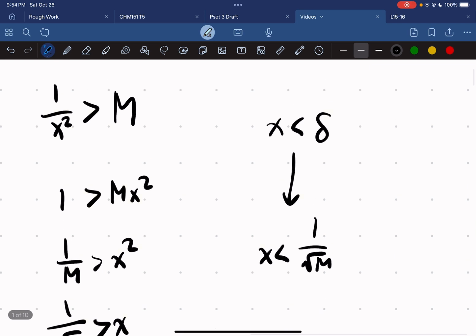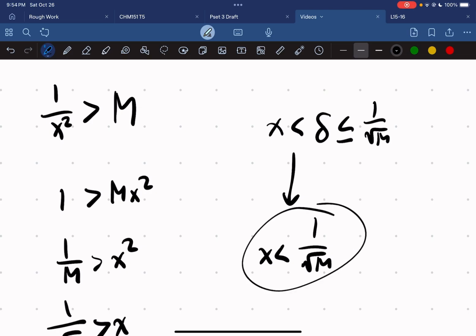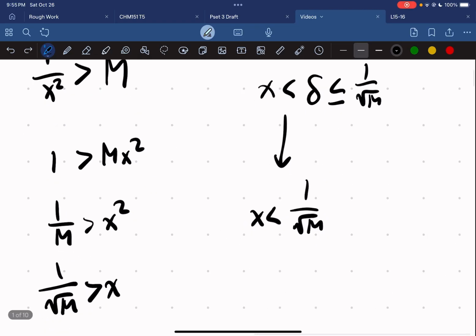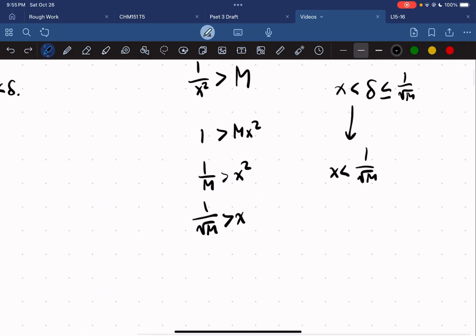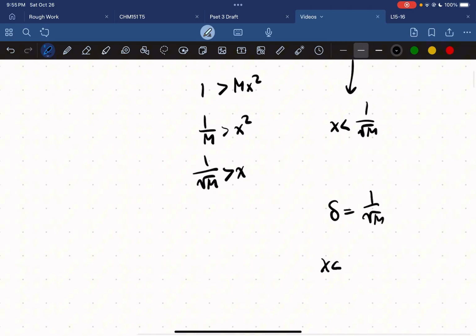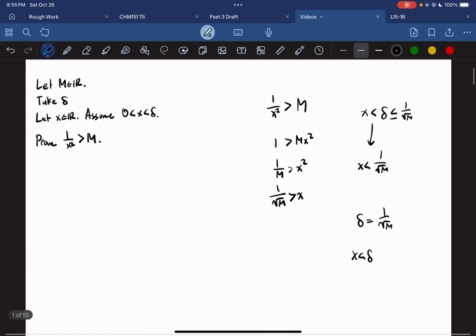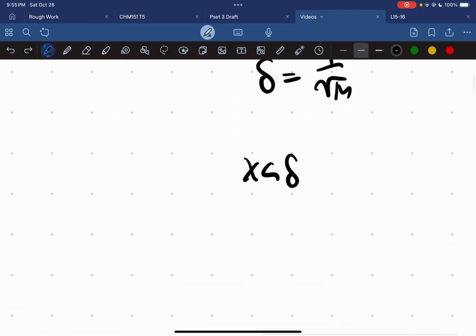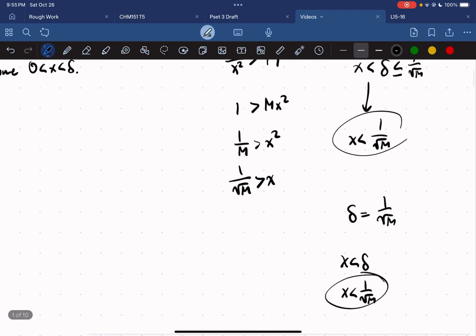So if our delta was less than or equal to 1 over root m, then would you agree that this would be true? I'll just let you think about that. If we set our delta as 1 over root m, then obviously we know that x is less than delta, and this would also mean that x is less than 1 over root m. Oh, wait, but this is exactly what we need. So that was pretty easy.